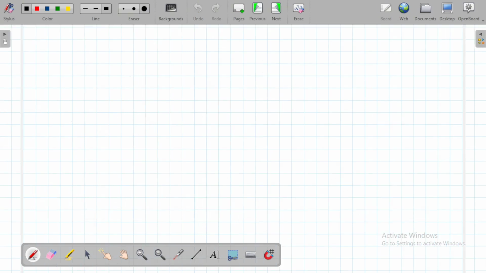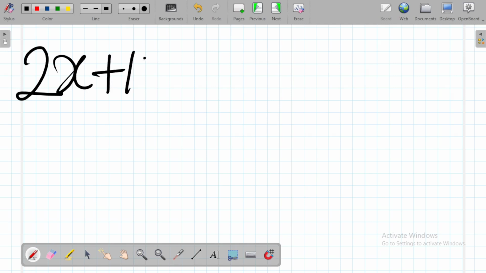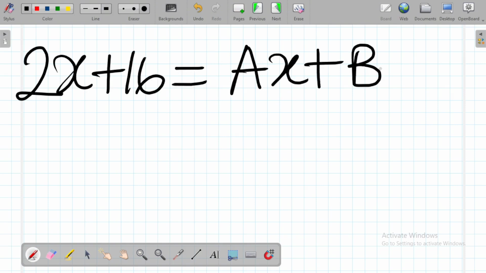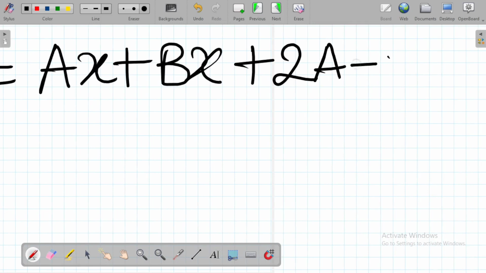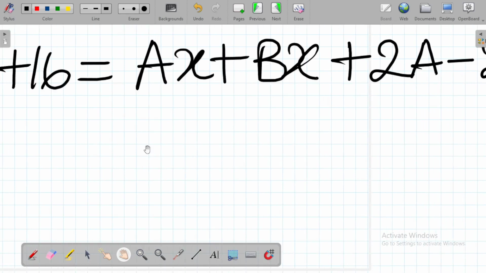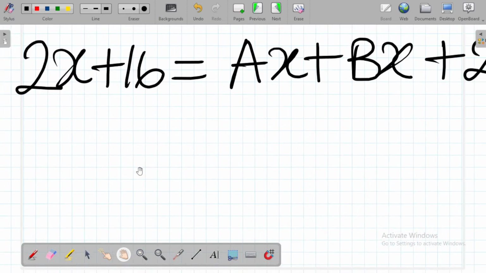All right, let's collect like terms. So we have 2x plus 16 is equal to ax plus bx plus 2a minus 2b. So we've collected the like terms.